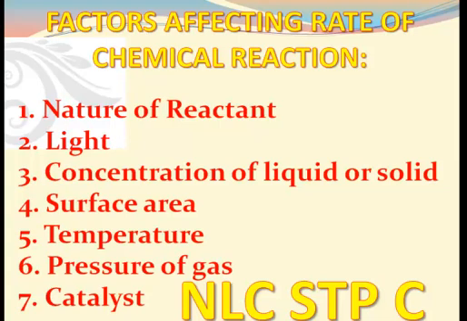N stands for nature of reactant, L stands for light, C stands for concentration of liquid or solid, S stands for surface area, T stands for temperature, P stands for pressure of gas, and C stands for catalyst. NLC, STPC.